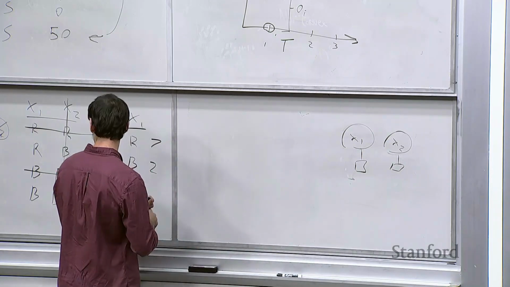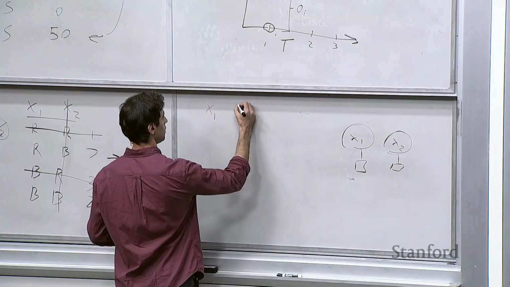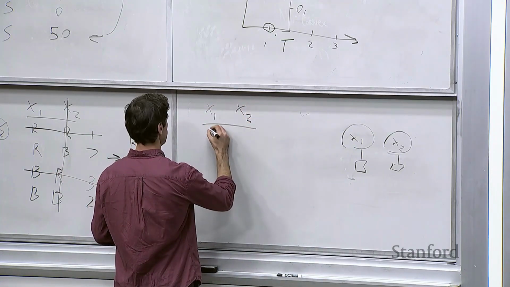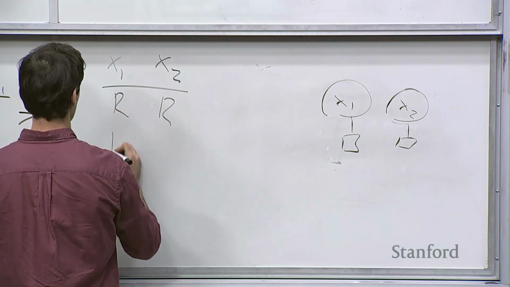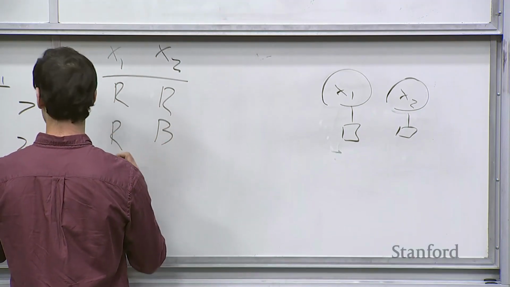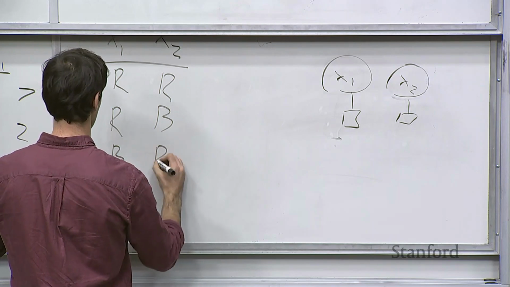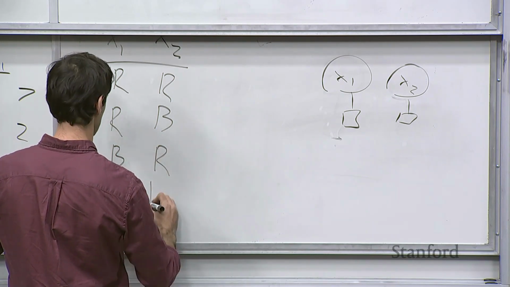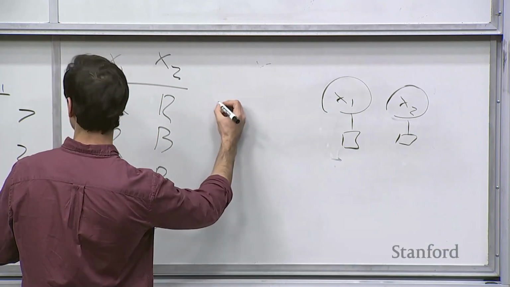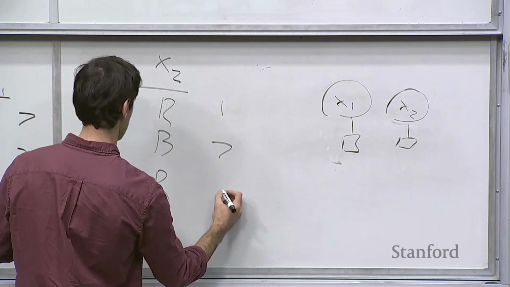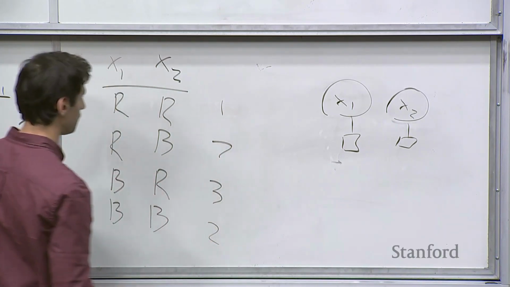I'm going to redraw this table. So we have x1 and x2. We have red, red, red, blue, blue, red, and blue, blue. They have weights of 1, 7, 3, and 2.